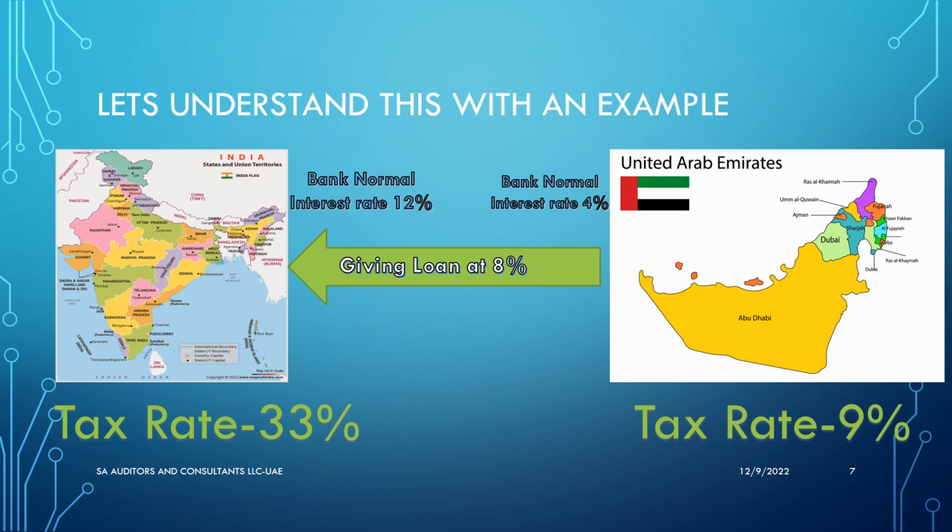If they can't satisfy the income tax officer, then there will be a scenario where they are going to pay double taxation.